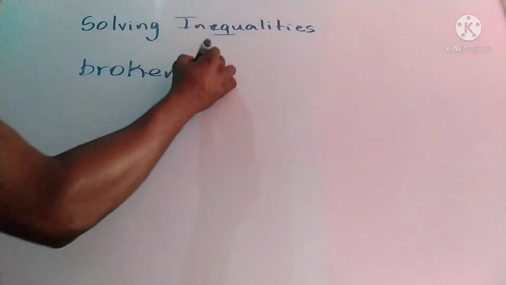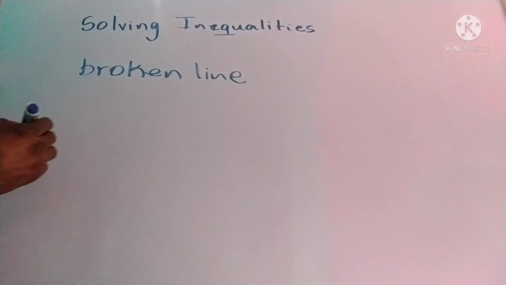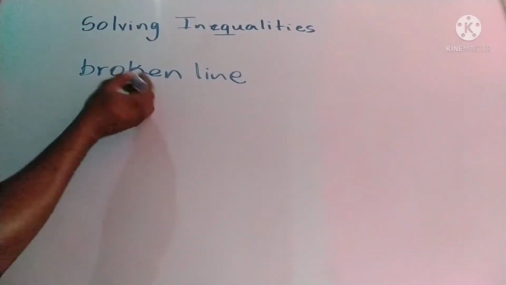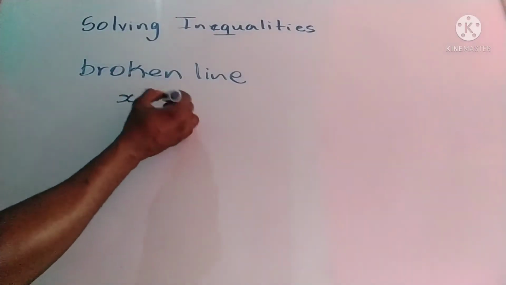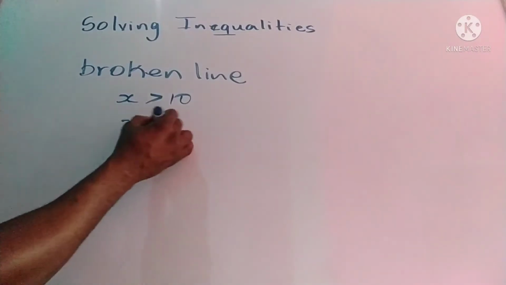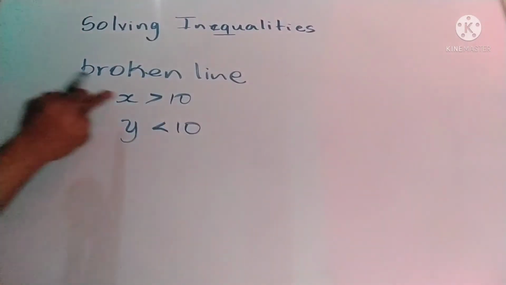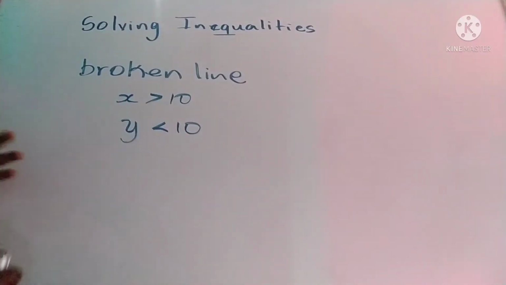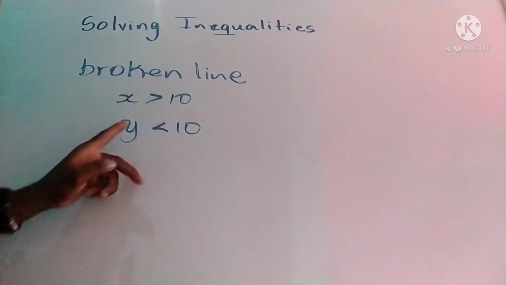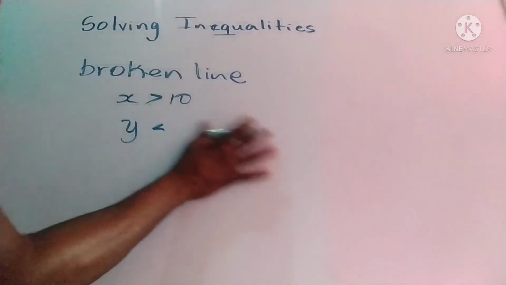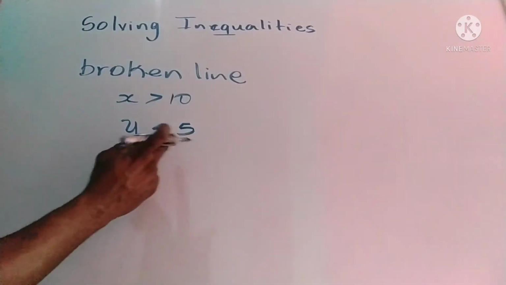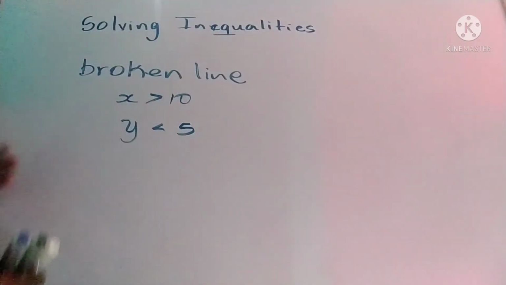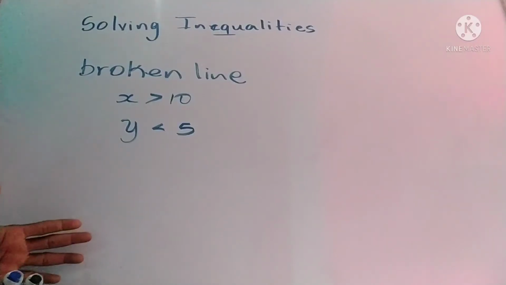We have a broken line system. And broken lines are used to help us understand when we have cases like a greater than case or just a less than case. If you're looking at it like x is greater than 10, y is less than 5, in these cases, 5 and 10 are not a part of the solution region, because an inequality is not just an answer, it's a range of answers, right?